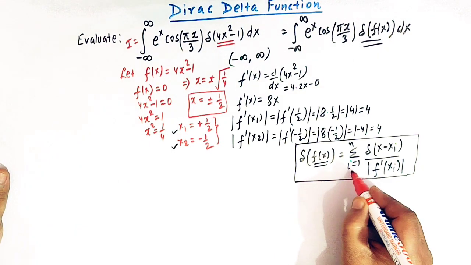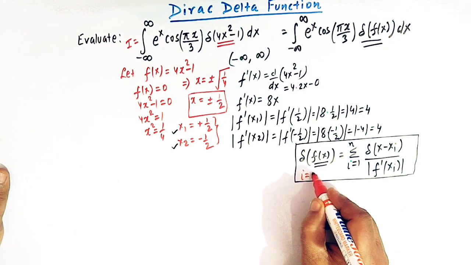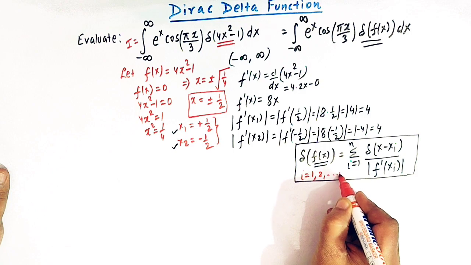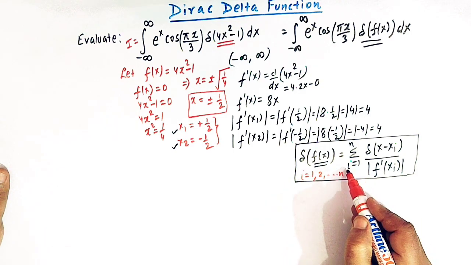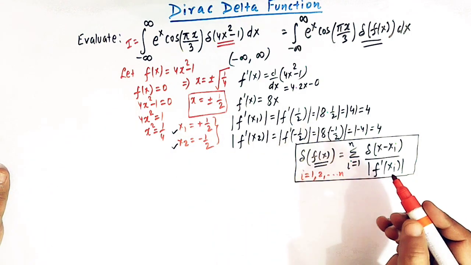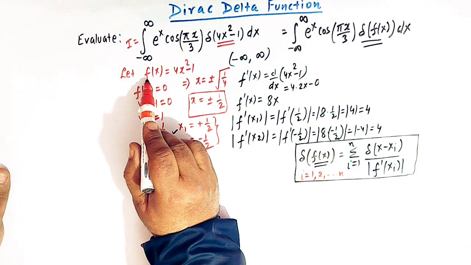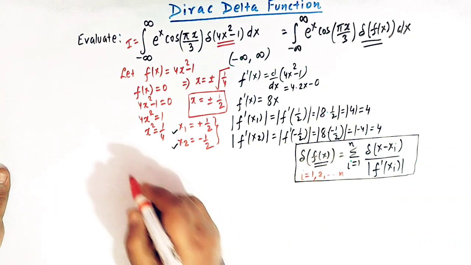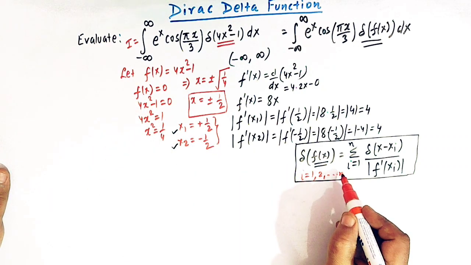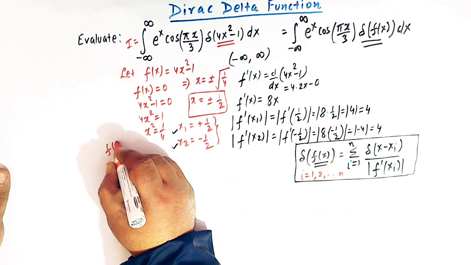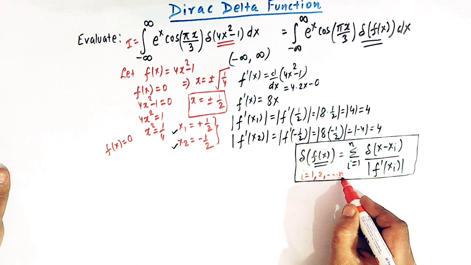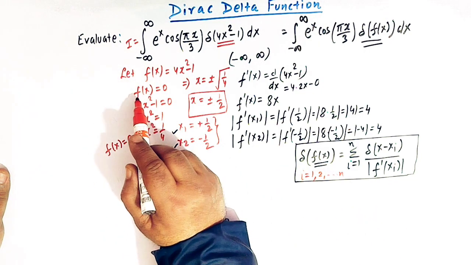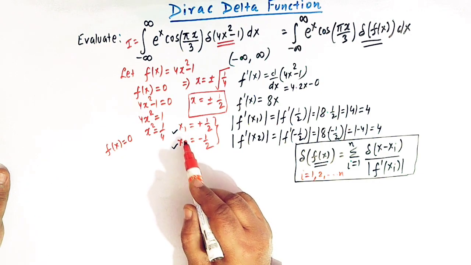So here we see that i goes from 1 to n, and these i's denote the number of roots of the equation f of x equal to 0. So the number of roots of f of x equal to 0 is n, but in this case we have only two roots, that is x1 and x2.